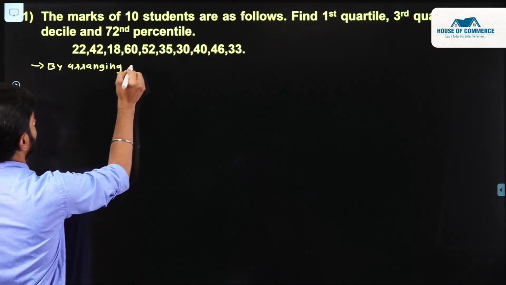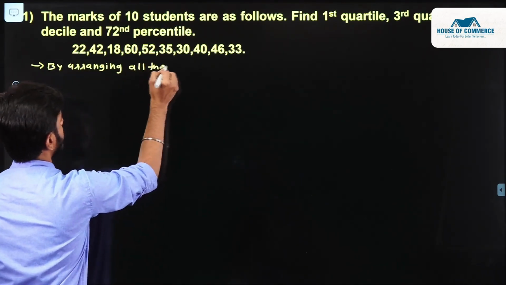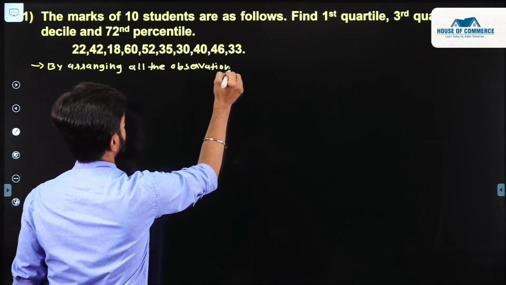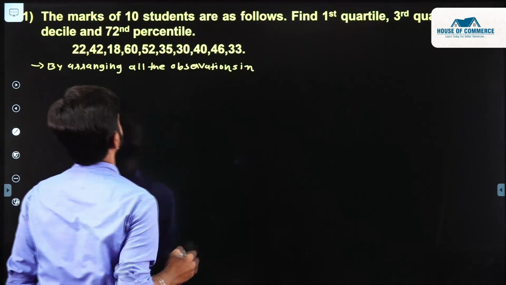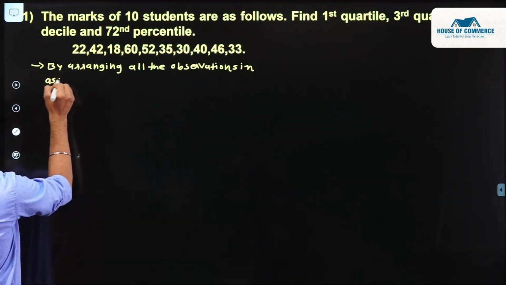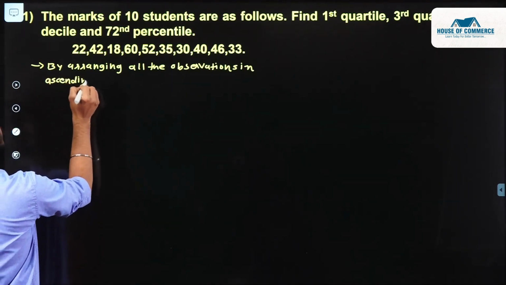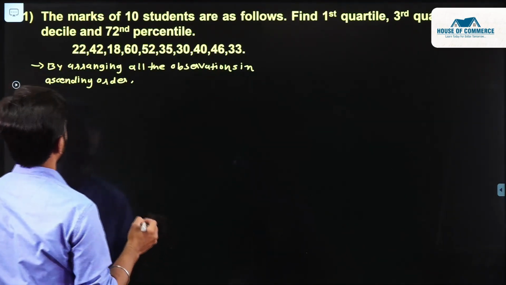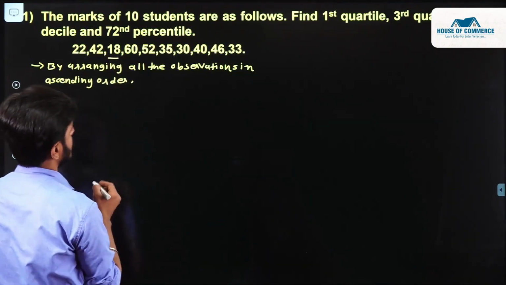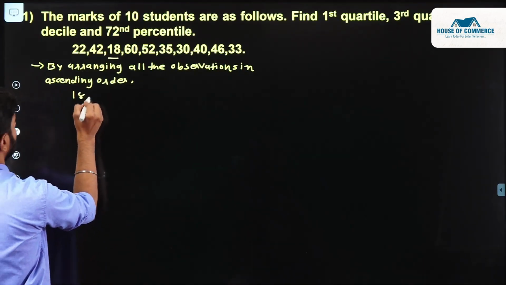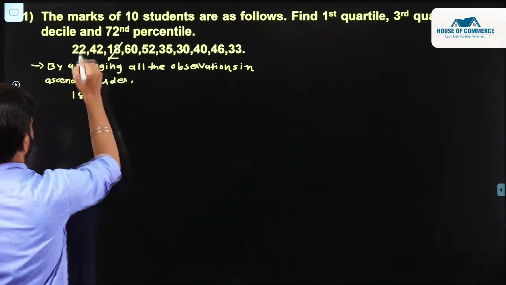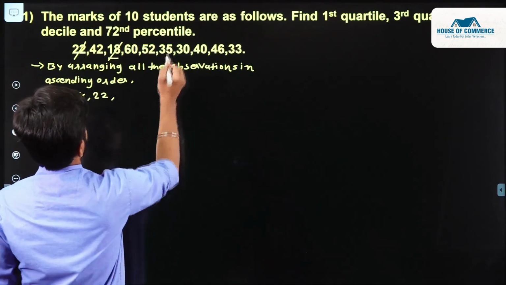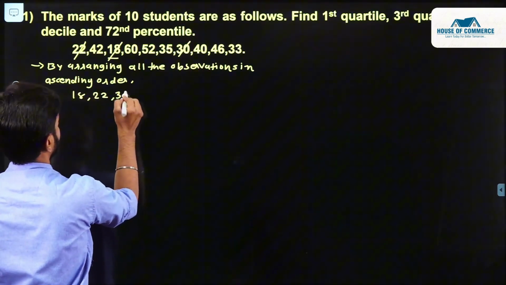First of all, what we have to write over here is arranging all the observations in ascending order. How can we arrange it? First of all, the smallest observation is 18. The second observation is 22. The third is 30.